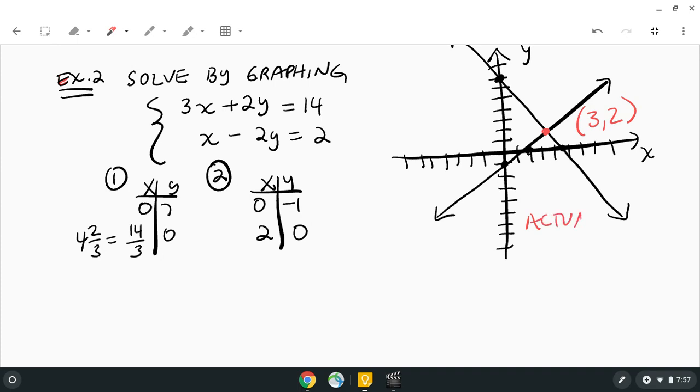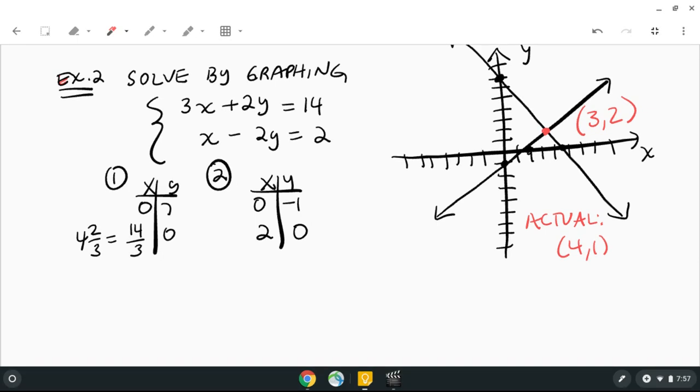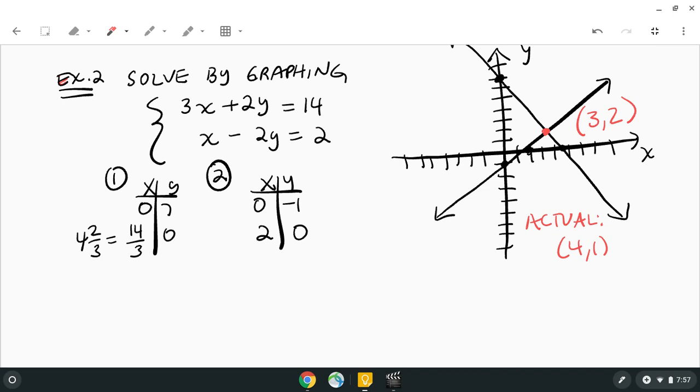So the actual answer is 4, 1. Okay. It would be really bad if you were like nowhere near 4, 1. 3, 2 is clearly close to the point 4, 1. But if you said, oh, well, the answer is some point that's over here in a whole other quadrant, then yeah, you did something wrong.